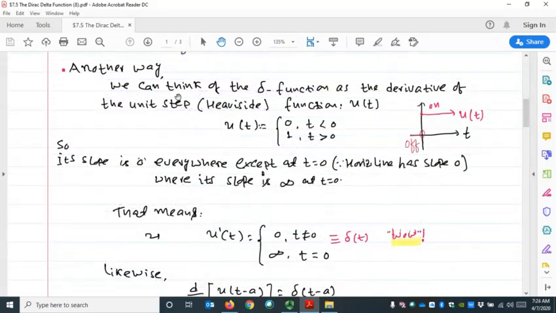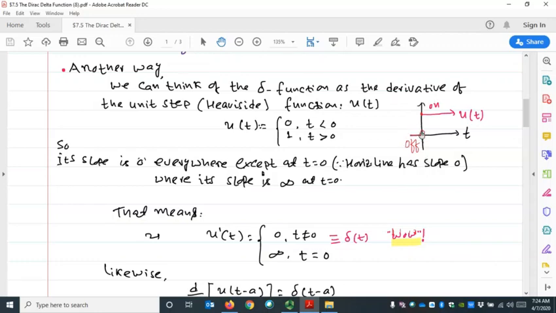Another way we can think of the delta function is as the derivative of the unit step function u of t. u of t is defined as 0 if t is less than 0 and 1 if t is greater than or equal to 0. The graph is here. So its slope is 0 everywhere except at t equals 0, where its slope is infinite.